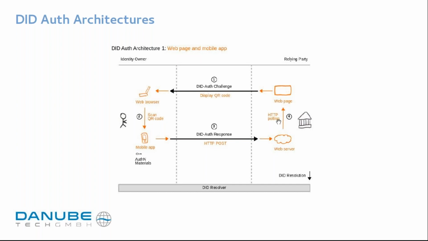So there could be a sort of JavaScript polling going on between the web page that you're viewing in the browser and the relying party's backend web server. And when the web server receives the cryptographic response from your mobile app, then you'll be logged in. You'll be logged into the web page.